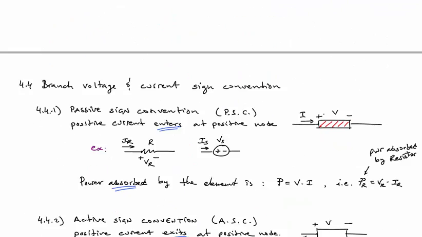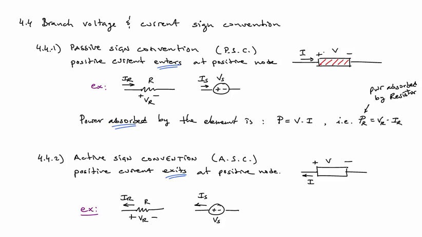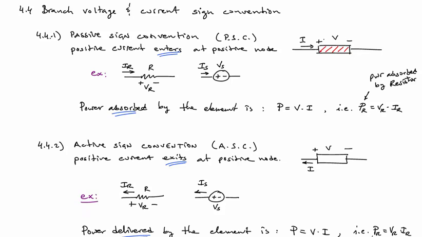Okay, now let's move on to sign convention. Lastly, there is what's called passive sign convention, and there is active sign convention. Take some time, study this, stare at it, try to explain it to a friend or to yourself, because every year students get really confused on this, but it's not a complicated concept. What I have here is an element that has a voltage and a current labeled.